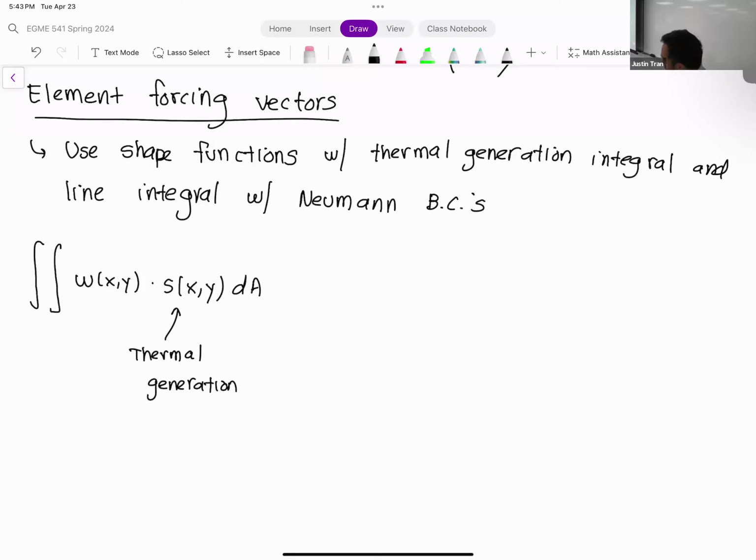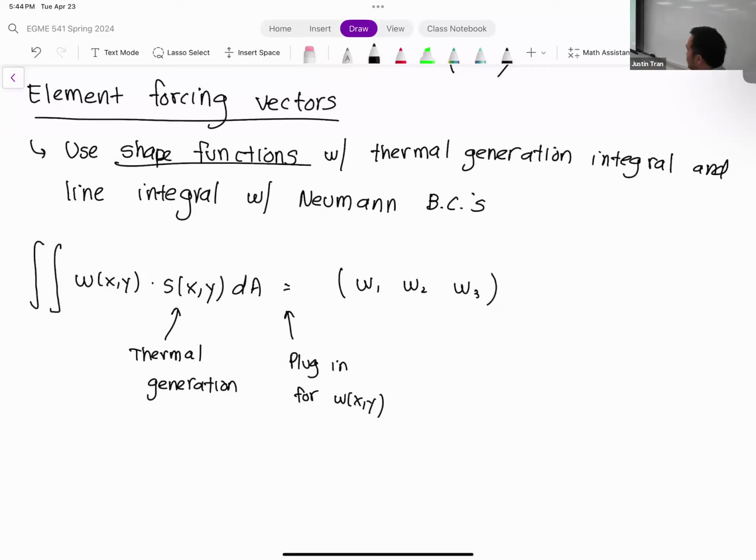What we're going to do from here is plug in for the weighting function W, because we have an expression for W in terms of our shape functions. So we plug in for our shape functions there, and we end up with W1, W2, W3.